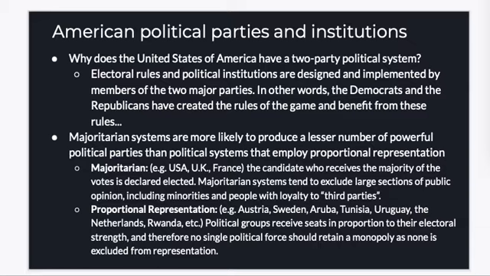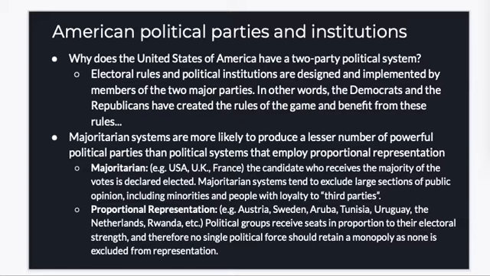It's that same kind of logic that governs this first argument that we get from political scientists about why the US has a two-party political system. This is a way of the two major political parties maintaining power over the political system, because they've essentially created it.